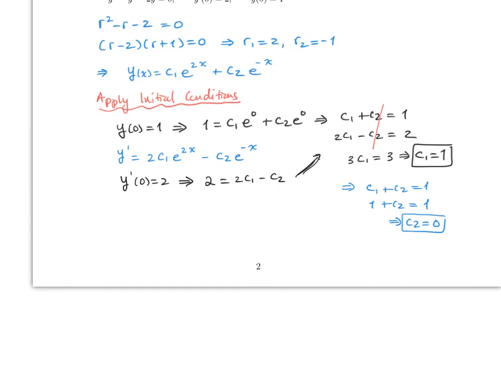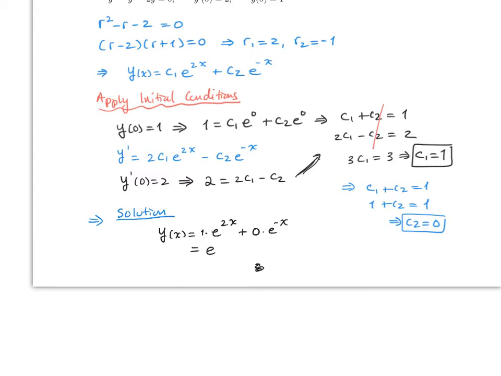So therefore the solution, y of x. You don't have to put the x if you don't want to, but y of x equals c1, which is 1, times e to the 2x plus c2, which is 0, times e to the minus x.